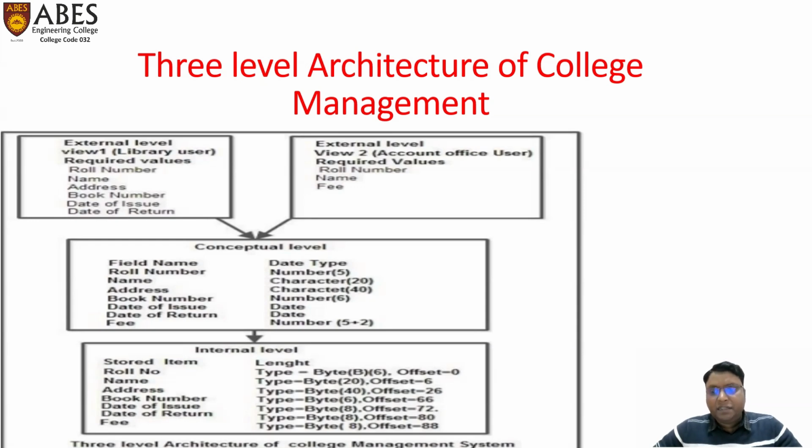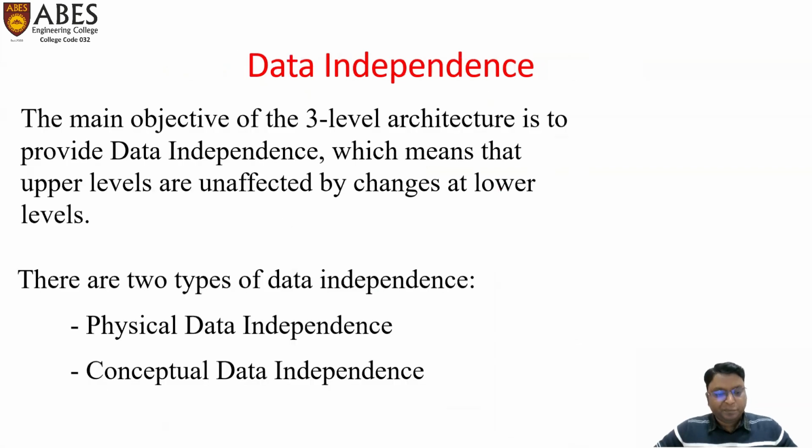Similarly, different data can be stored in different data containers. In the internal level, we can see the type, stored item, and length. So roll number will be stored in bytes, and offset value and type, all the things are given in detail. So there are three levels of architecture for every database design.